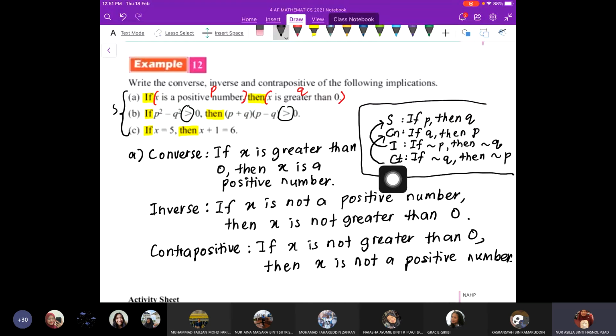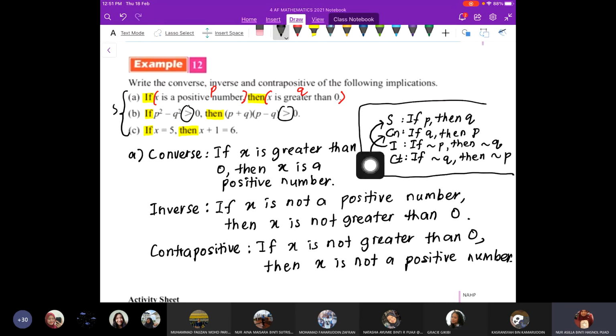Contrapositive, refer kepada sini. Tadi Aina dah buat inverse. Dia kata if tilde P dia adalah P square minus Q square less than 0. And then dia punya then tilde Q kita tadi adalah P plus Q, P minus Q less than 0. Jadi contrapositive. So yang membezakan dia adalah kedudukan saja.